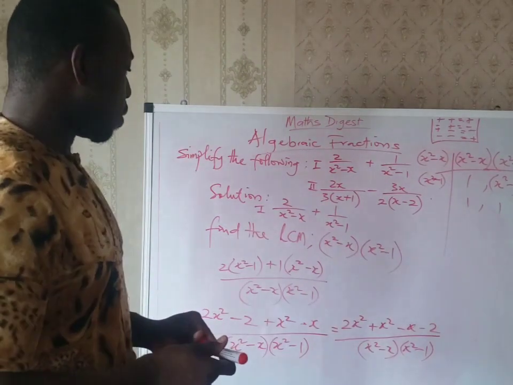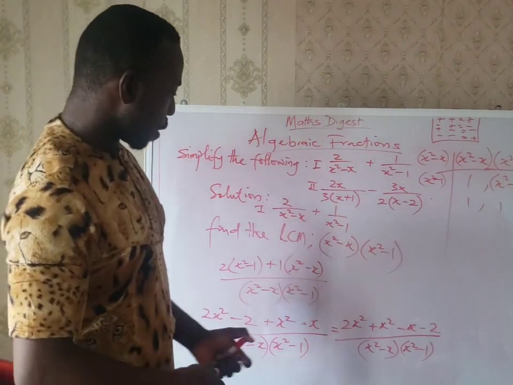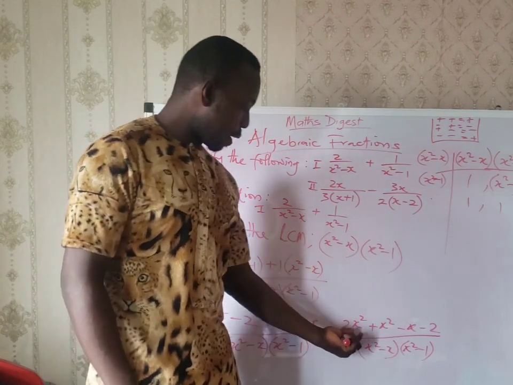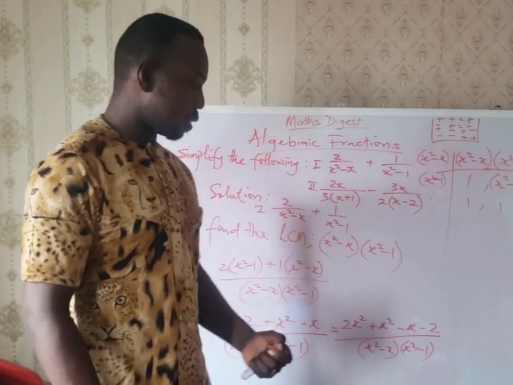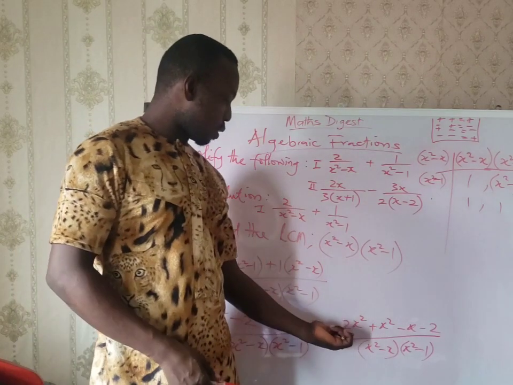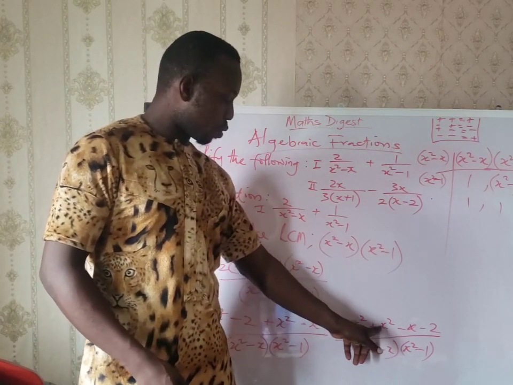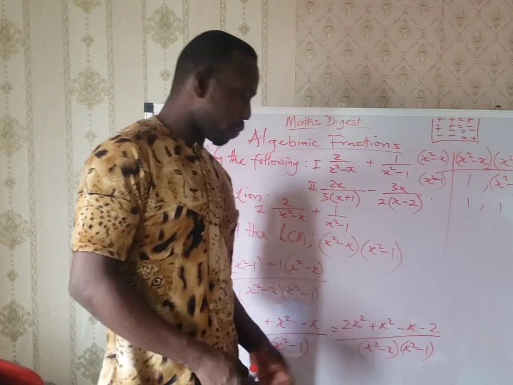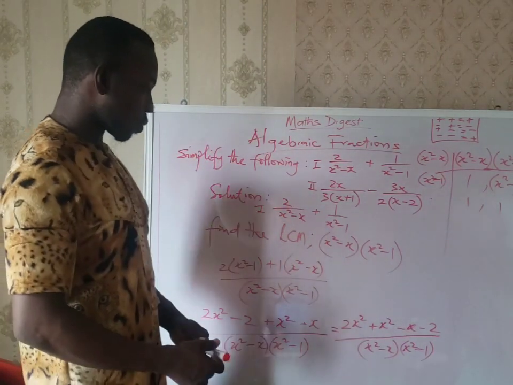Now looking at this, we're going to add this and this because both of them have x squared. The coefficient of this is 2, while the coefficient of this is 1. Adding them together will give us 3x squared.